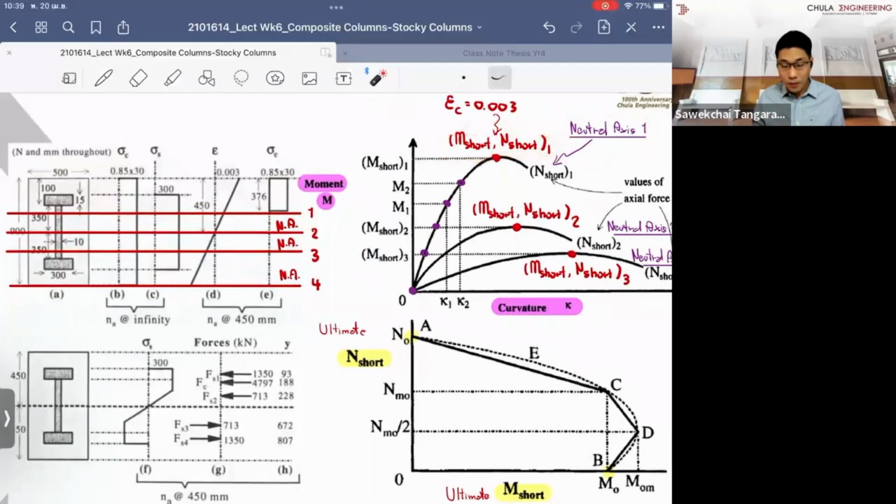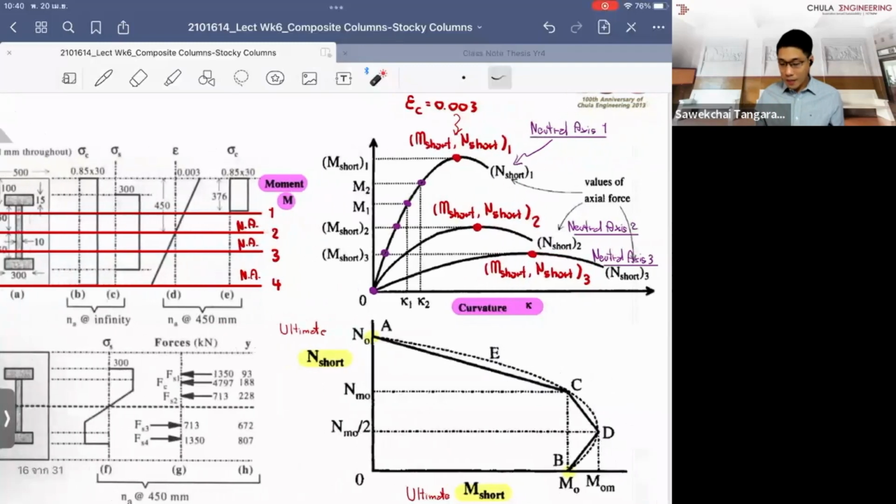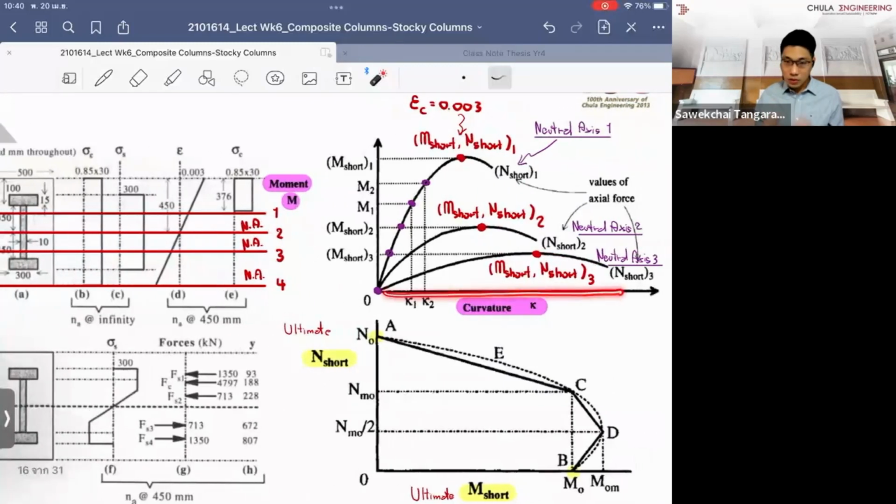When you lower the neutral axis depth to point 2, you have a lower bending moment, but a higher axial force capacity. This might be point 3, and when it reaches point 4, the bending capacity is close to 0 because you have the pure axial force capacity, or the squash load capacity.